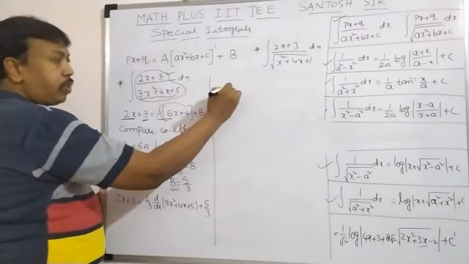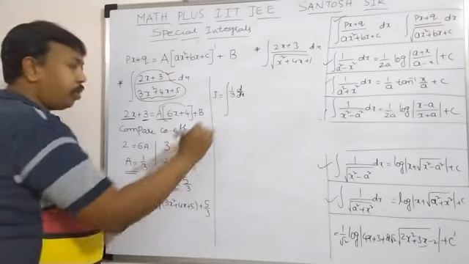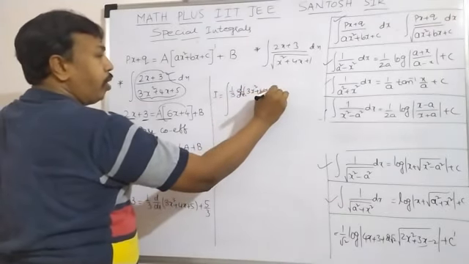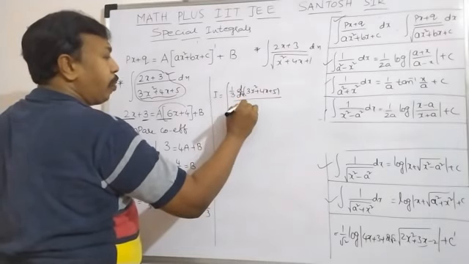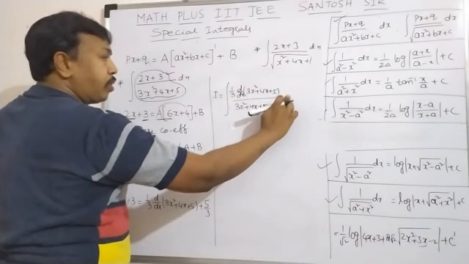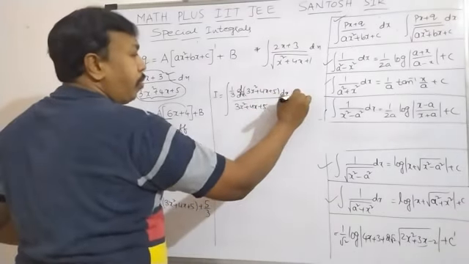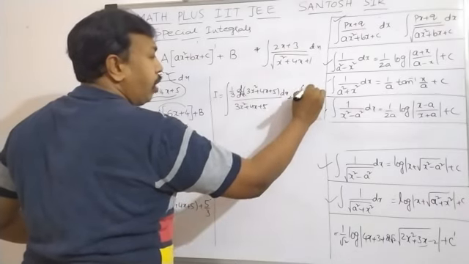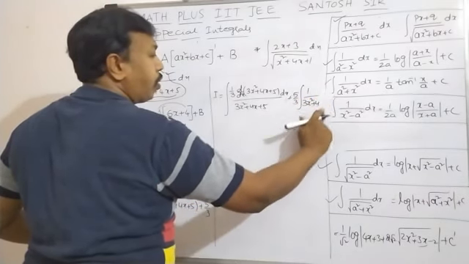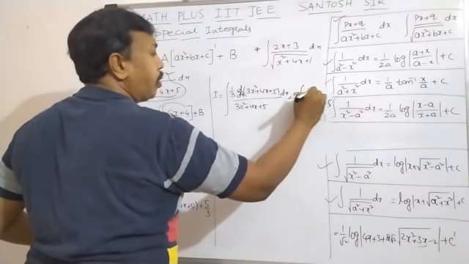So the first term is 1 upon 3 into integral of d by dx of (3x square plus 4x plus 5) upon (3x square plus 4x plus 5) dx, plus the second term 5 upon 3 into integral 1 upon (3x square plus 4x plus 5) dx.